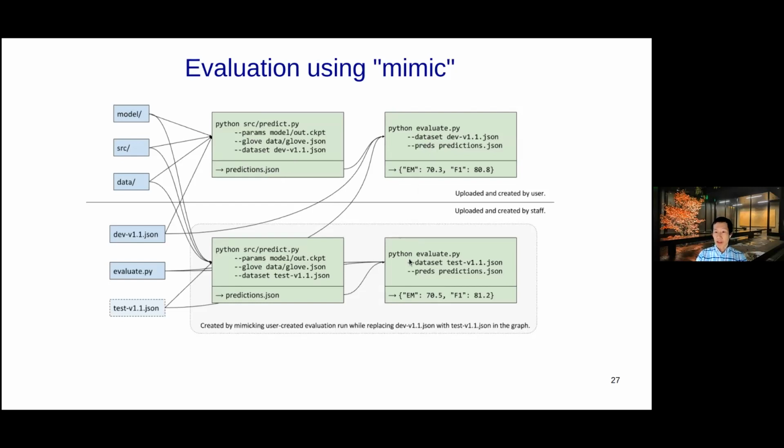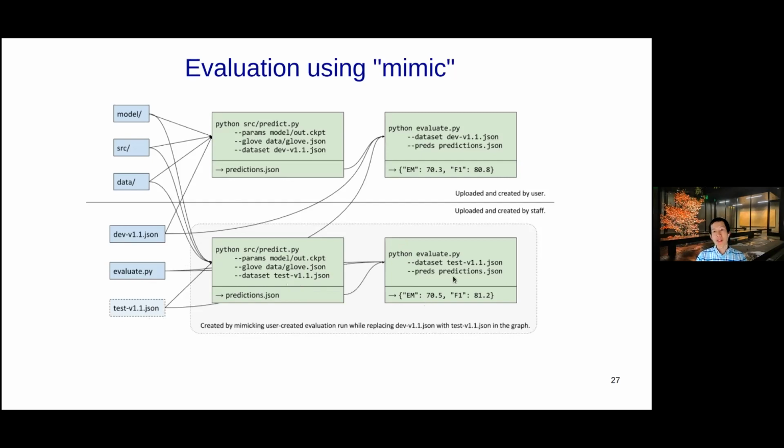And then we, the competition organizers, have a backend script that says mimic the dev set with a test set. This means that whatever you did to get results on the dev set, I'm just going to swap in the test set and run the same thing.